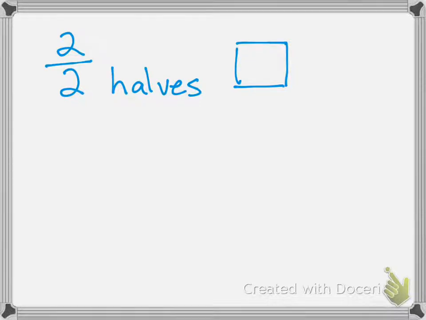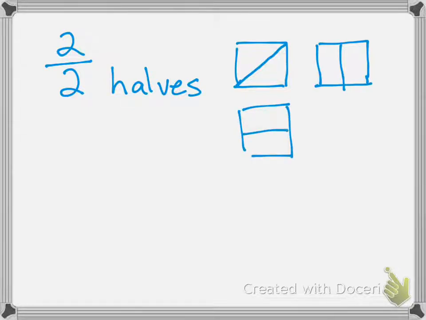All right, you could have done it this way. This is a square, so we could have done it this way, or this way, or the other way diagonally. Any of those ways would work if you drew a square. If you drew a rectangle, that won't work.